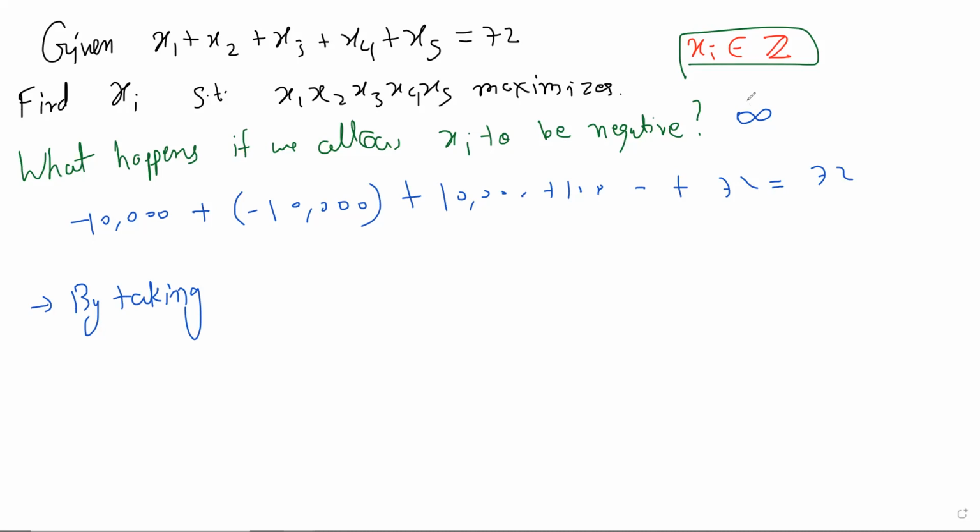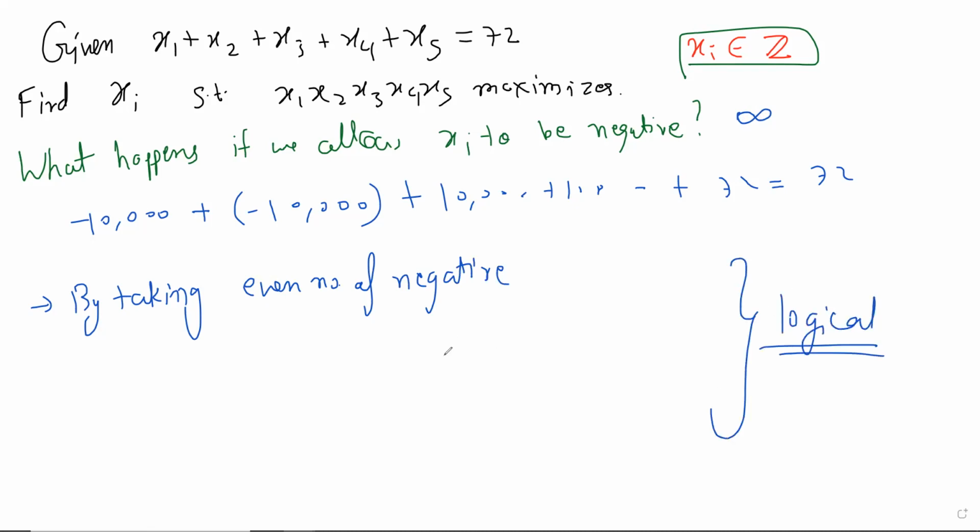So that is why this becomes an absurd question if it's just integers. If it's just integers, then infinity is the answer. The maximum can be made as big as you want by taking an even number of negatives. But this is also a logical issue that you have to be subtle and clear about. Formally speaking, it is wrong to say that you can make the maximum a very big number.